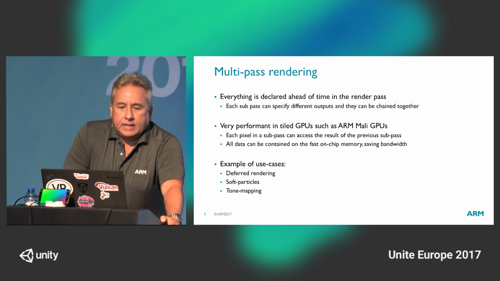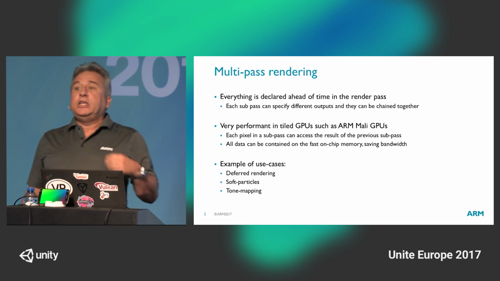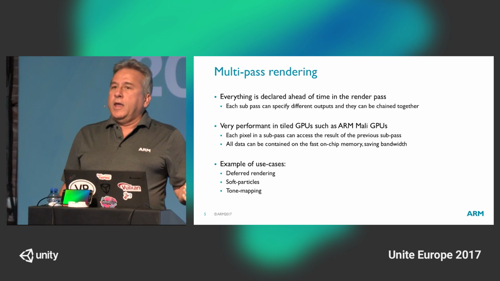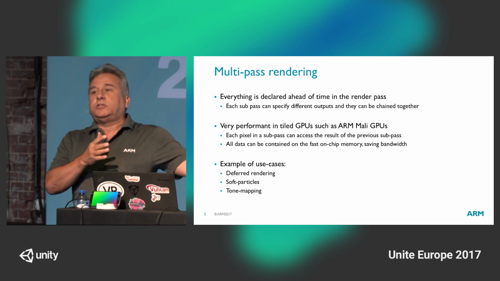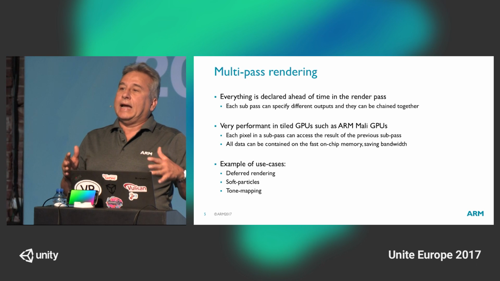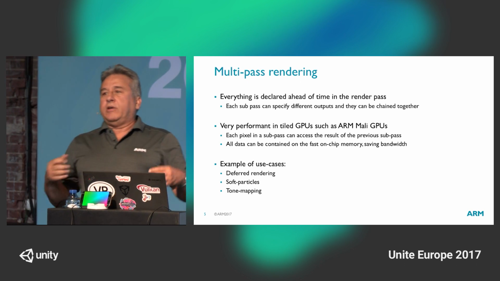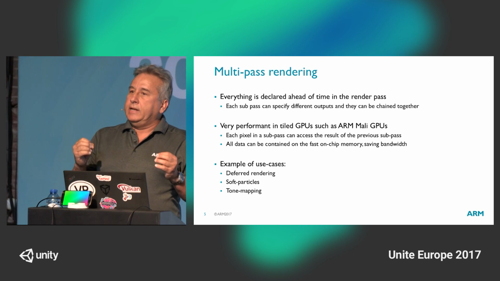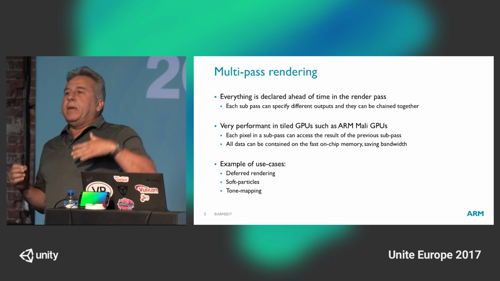The point is that multipass allows the driver to perform additional optimization when each pixel rendered in a subpass accesses the result of the previous subpass at the same pixel location. In this way, all the data remain in the fast on-chip memory. So we get a reduction in the data traffic with the main memory.